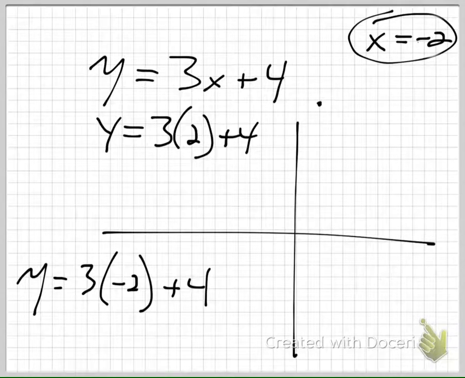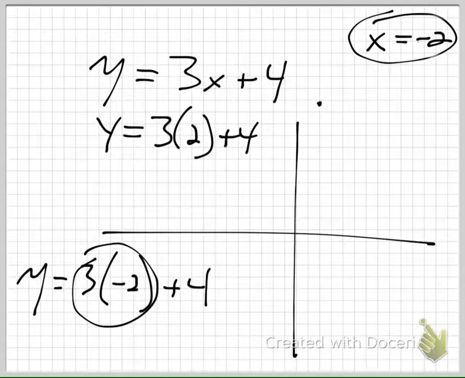Does that make sense? So what is 3 times negative 2? Negative 6. What's negative 6 plus 4? Negative 2. You have to know your positive and negatives. So that makes when x is negative 2, y is negative 2.